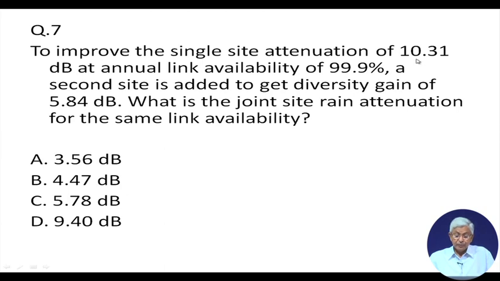Now, when you add another site, it will have a joint site rain attenuation. So, what is the advantage from the single to the joint site rain attenuation? That advantage is given, that is diversity gain is given. So, diversity gain is given and single site attenuation is given. You have to find out the joint site rain attenuation. 4 different options are given: 3.56, 4.47, 5.78, 9.40 dB.